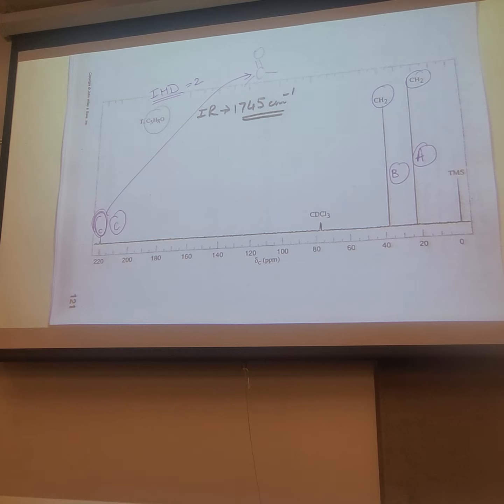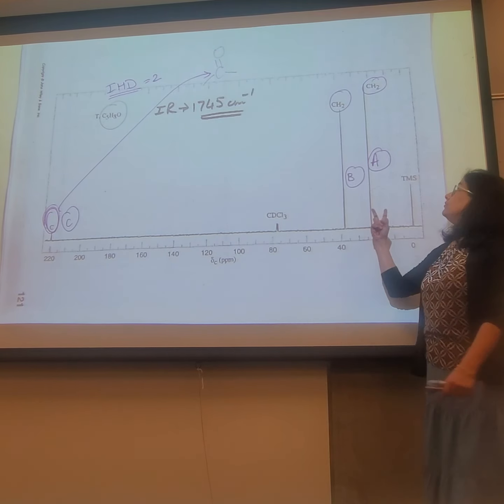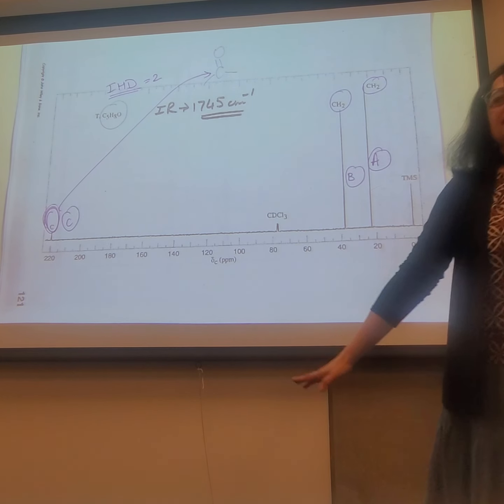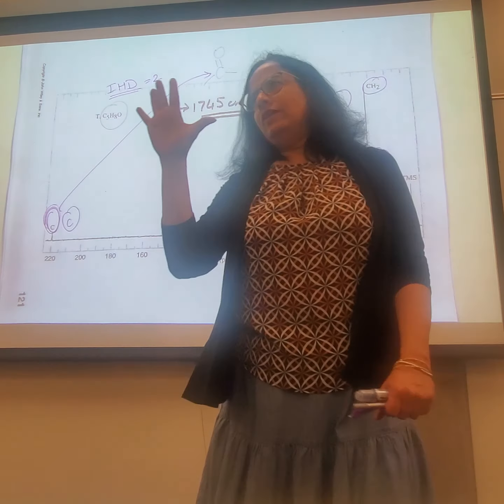C5H8O. It has one ring and a C double bond O and 2 different kinds of CH2s. That's it. Let's get creative. It only has 5 carbons.